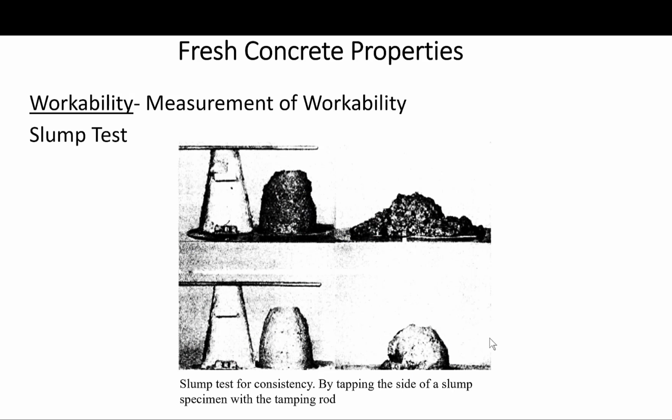And again, the slump test is a quality control tool that measures consistency, but it does not really measure fundamental properties of concrete. For example, as you can see in this slide, I know it's probably not very clear, but I will explain.